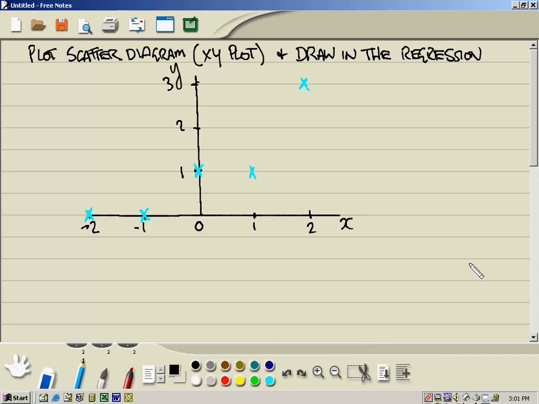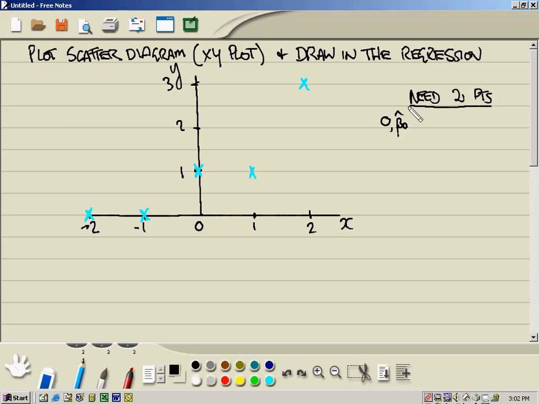Next we want to draw in the regression line. To draw the regression line we need 2 points. There are 2 points that are always on the line, but they're not always useful to draw.